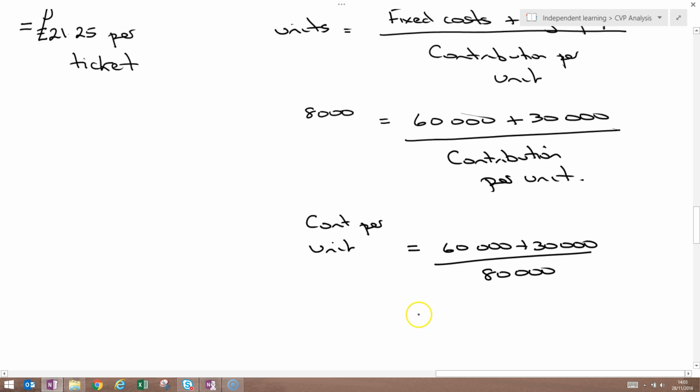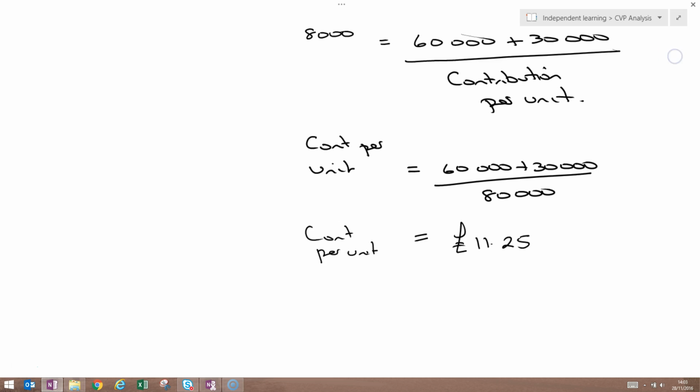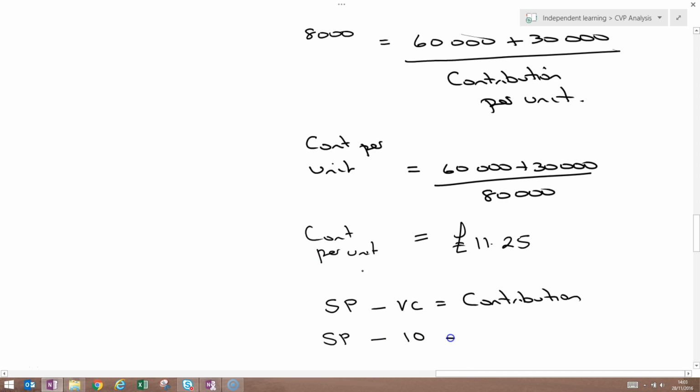And if we work that out, that gives us a contribution per unit of £11.25. So that's the contribution. Selling price minus variable cost equals contribution. So selling price minus £10 is equal to £11.25.